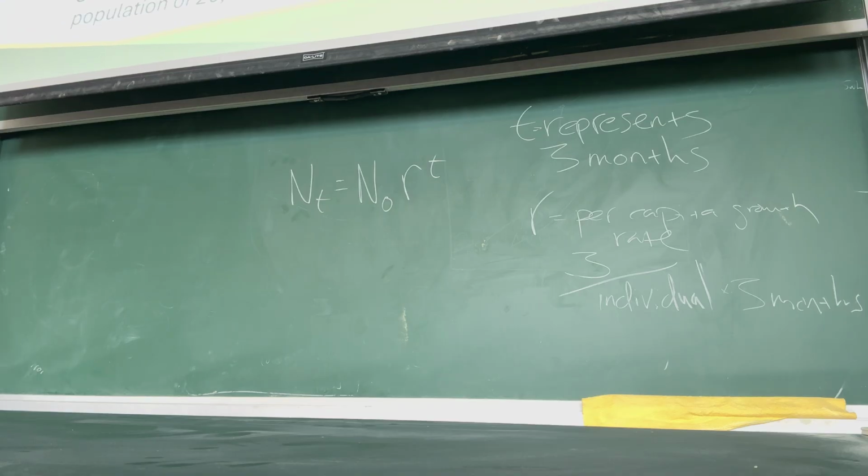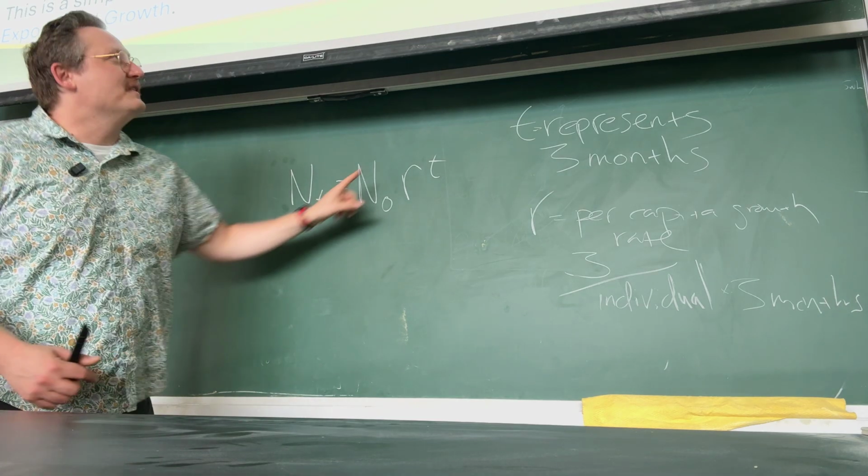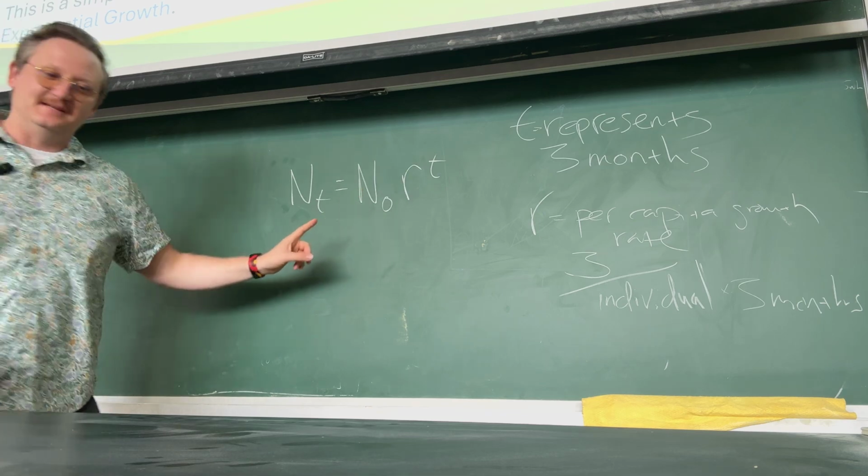It's not like every 3 months they all get together and make all their offspring and then they're done. They're constantly reproducing. So we change the formula so that we get a change in population per change in time. This is an exponential growth equation, but the variables are still pretty similar.